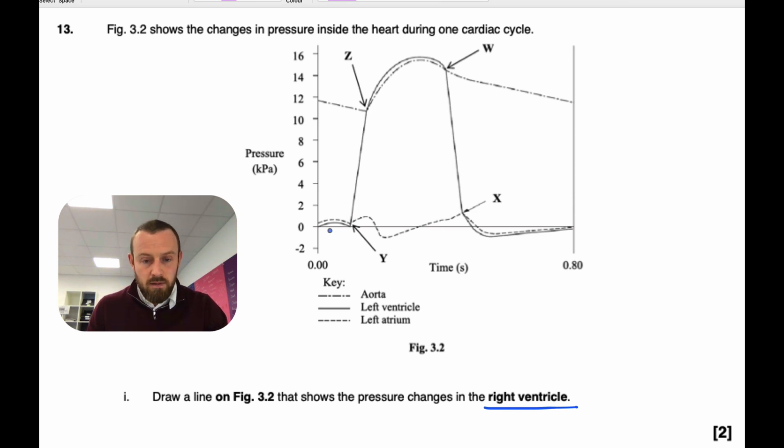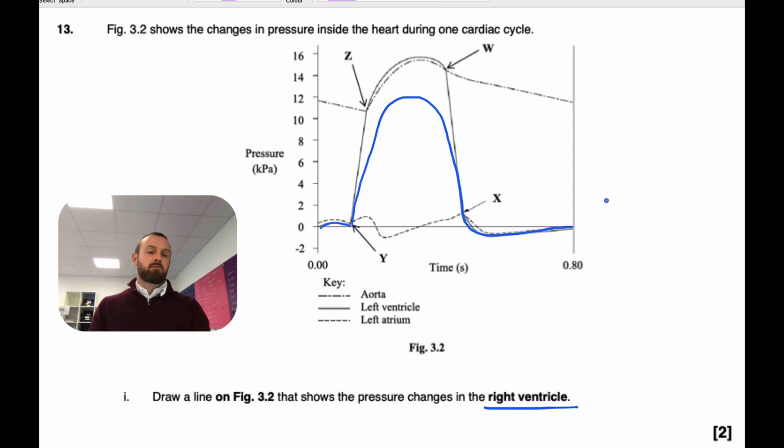So it's going to mirror the left ventricle, but it's not going to go as high. It's going to go something like this. The timing of everything is going to be the same, but it's just going to be lower. The marks you get are one for the shape being the same and one for it being a lower peak.